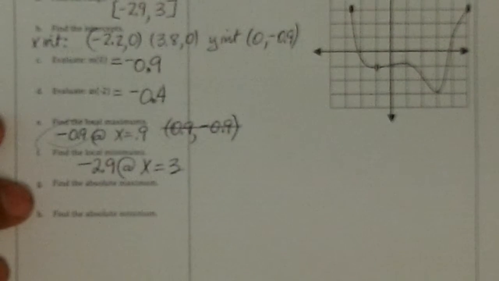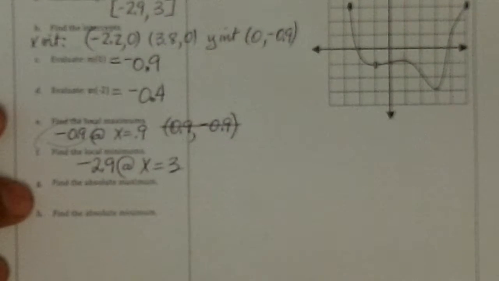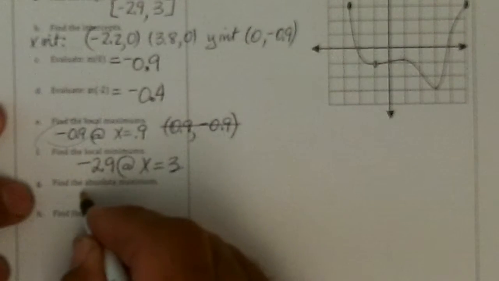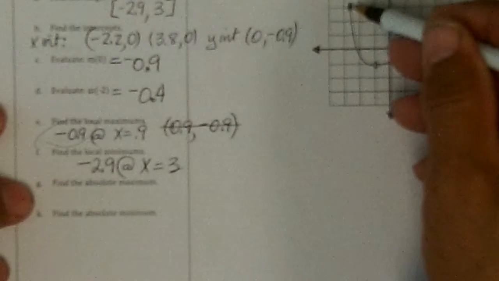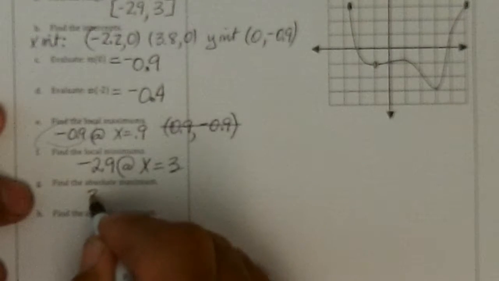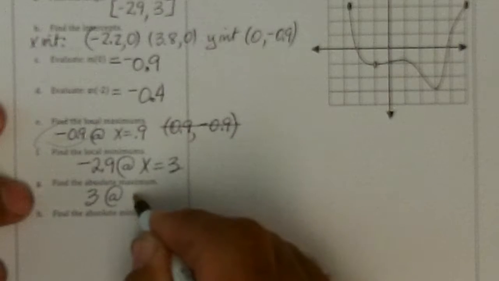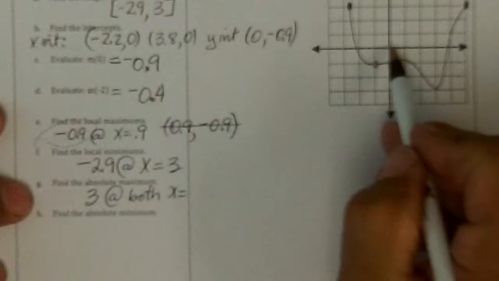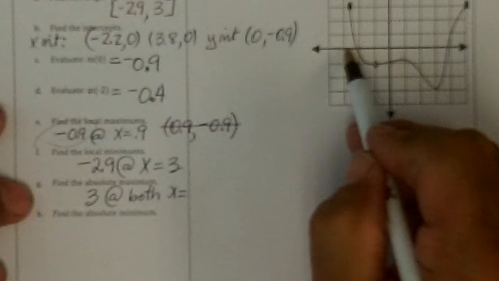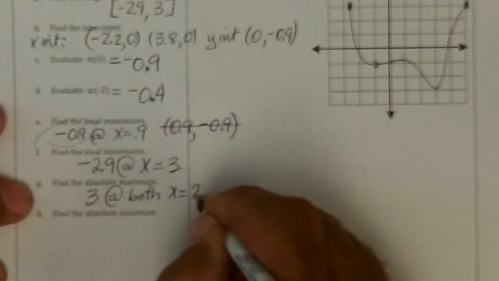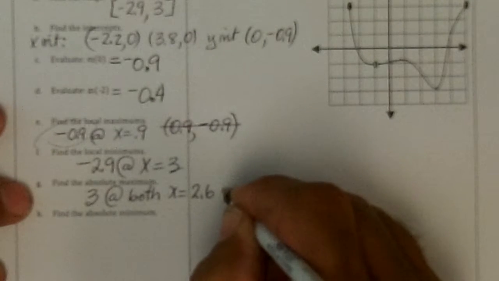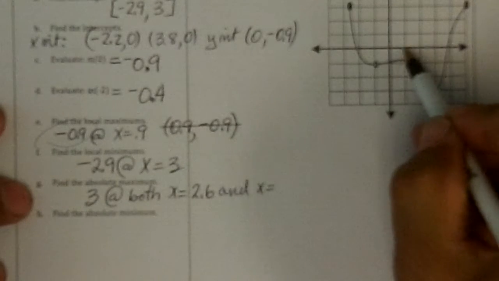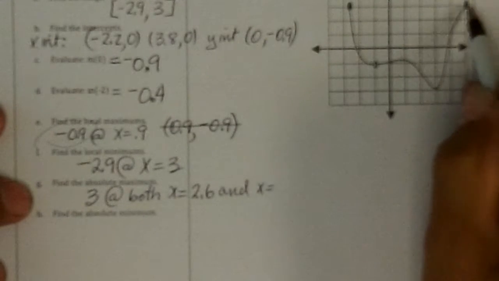Absolute maximum. That's the highest place you can find on the graph. Well, we have a tie here, so we have to give them both, and the height is 3, so we have an absolute maximum of 3 at both x equal -2.6, estimate, and at x equal 5.